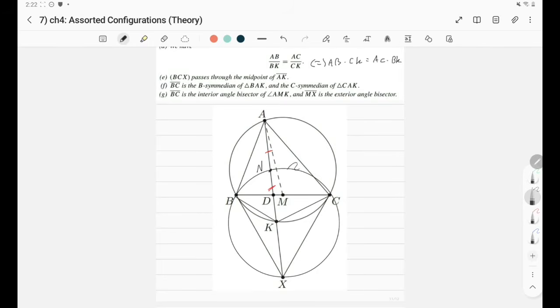So if you bring O, maybe somewhere here, this one we already know is 90, and this one is 90, and this one is 90. But guess what? If these are 90s, then we already know that O itself lies on the circle BCX, right?